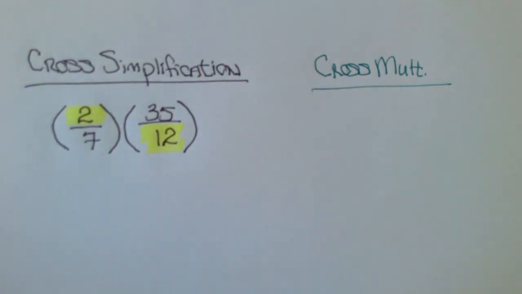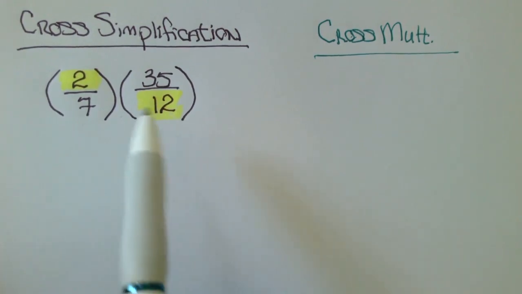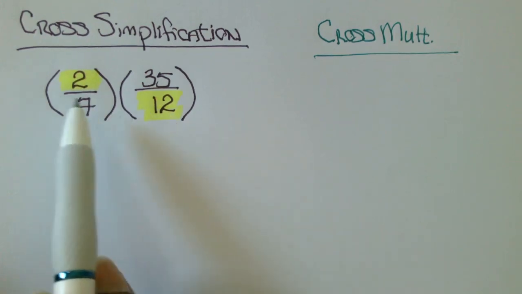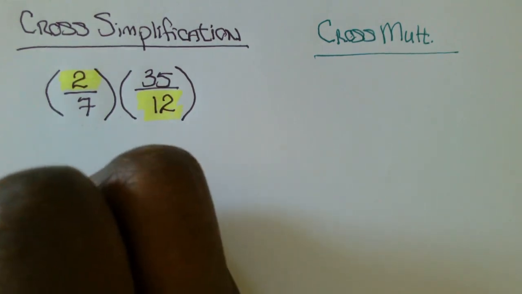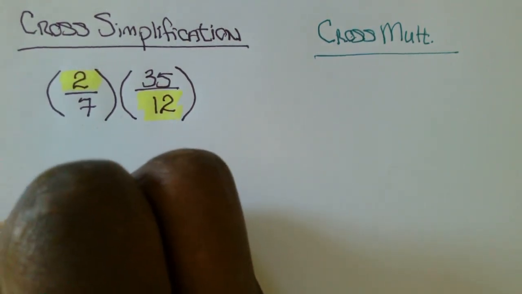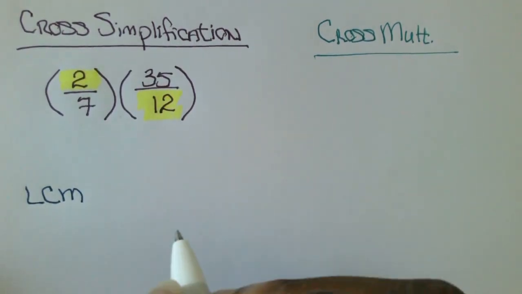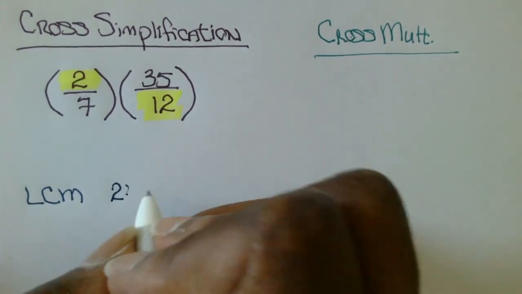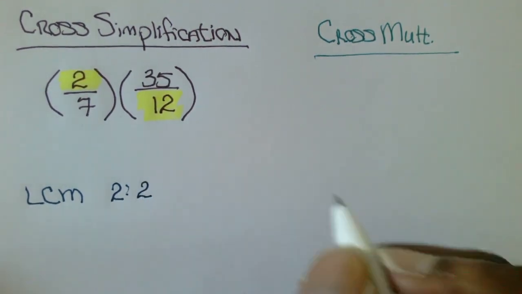If I take a look at this, I notice that I have a 2 and a 12. Well, both of them are even. And the lowest number that they both have in common, because you're looking for what's called the LCM, the least common multiple. So if I take a look at my multiplication tables, the 2 times table, that's 2, right?